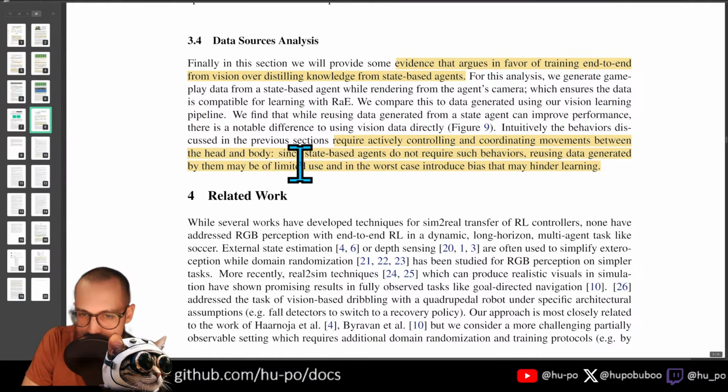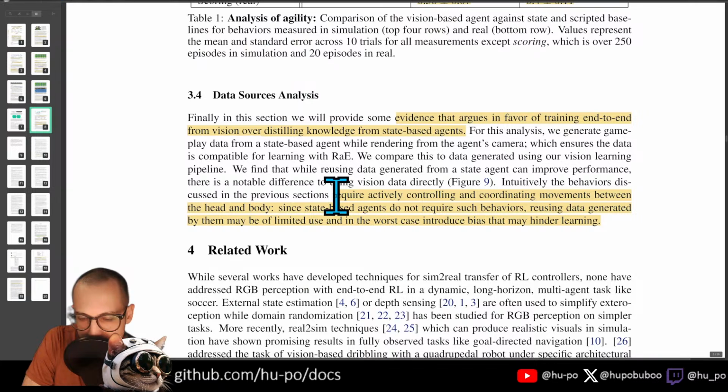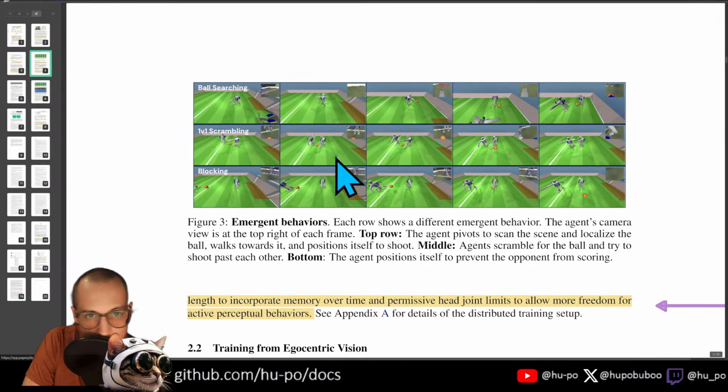So this is another kind of interesting finding in this paper, is that sometimes what people do is they try to distill knowledge from state-based agents. Right? So they're taking an agent which was trained with explicit state information, right? But the problem with that is that that agent is qualitatively different from an agent that had to learn from vision, right? And we were literally just talking about this ball searching behavior, right?